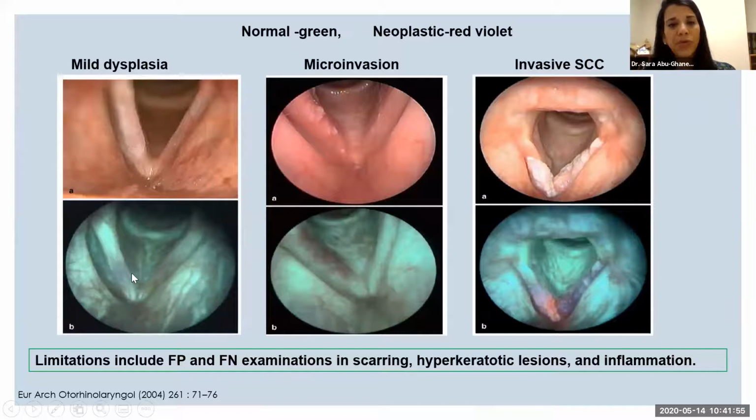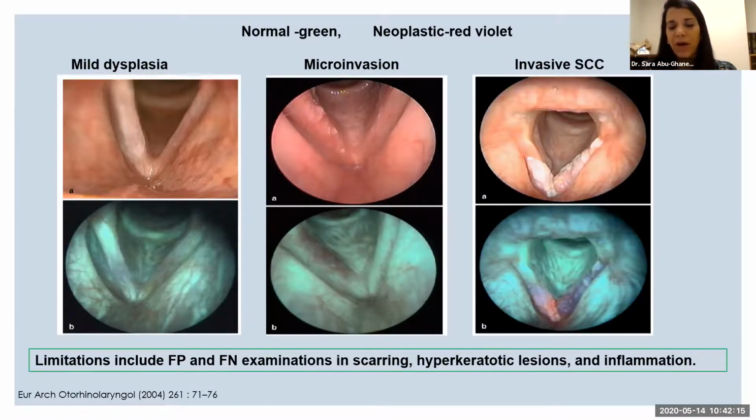So the normal is usually green, and the red-violet one would be more the neoplastic ones. There are a lot of false positives and false negatives in this kind of thing, especially since scarring, hyperkeratotic lesions, and inflammation can sometimes look like things that they are not, like cancerous.